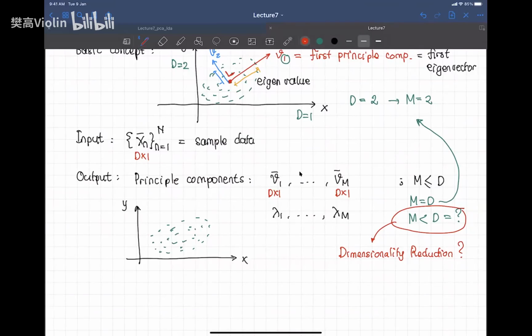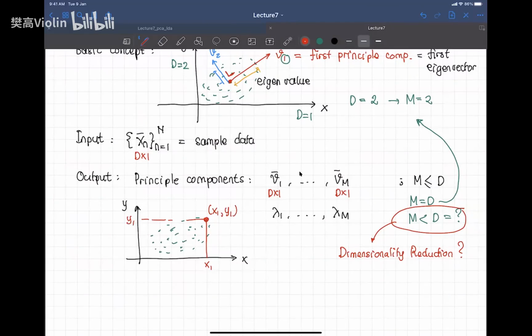This particular point has a value of x1, and this one is a value of y1. So you can describe this point, this red dot, as x1, y1. This is what we normally do when we describe a point, when we describe a sample.